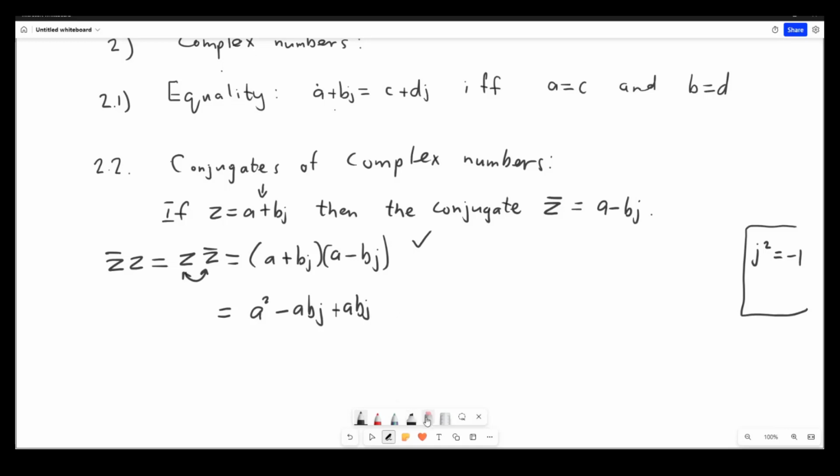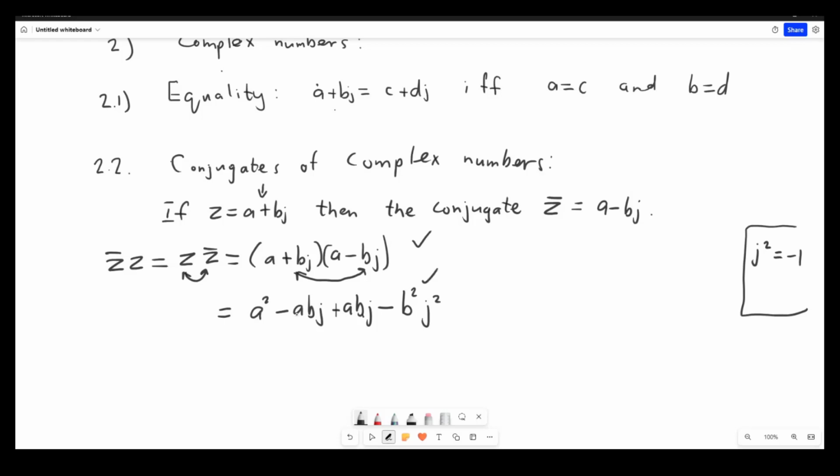Let me just do this nicely here, guys. All right, abj. So that's bj times a. And then now comes this part. b times b is b squared, and j times j is j squared. Last, multiply those two now.